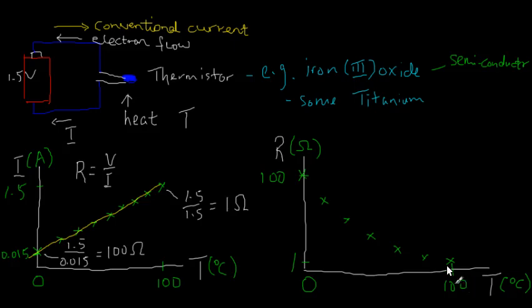But in that case, compared to this thermistor, the resistance of a tungsten filament lamp only increases by about 10 times when the temperature increases all the way from room temperature to 3000 degrees Celsius.